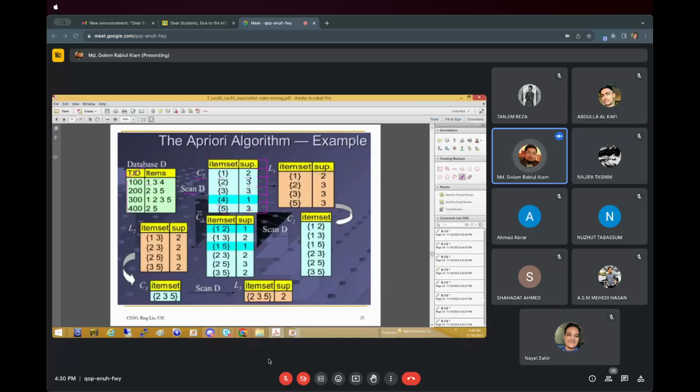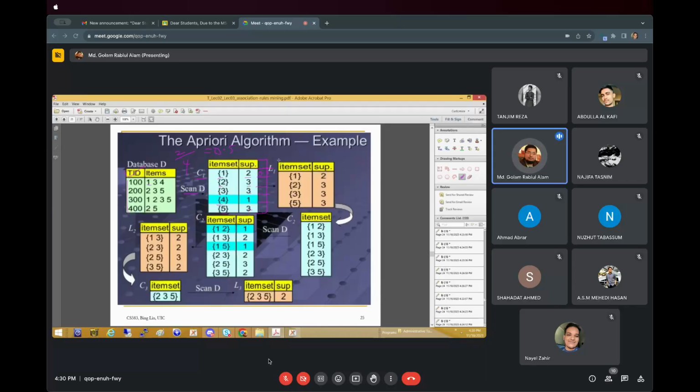So the support count is 2 out of N, and N is 4 in this case, so the support will be 0.5. So here we have to mention that this is 0.5. In this way we can write down the support.